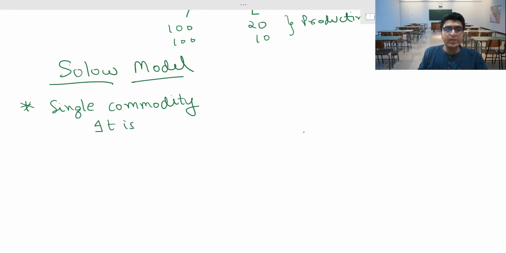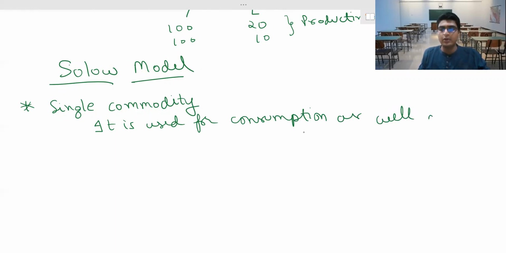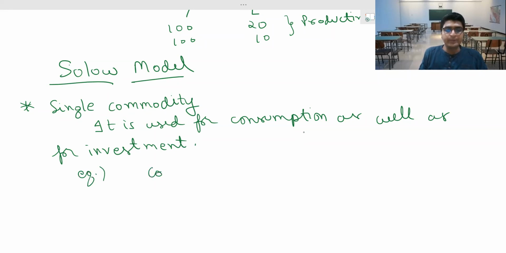Okay, and this single commodity is used for consumption as well as for investment. Okay, so I can give you an example. For example, corn.